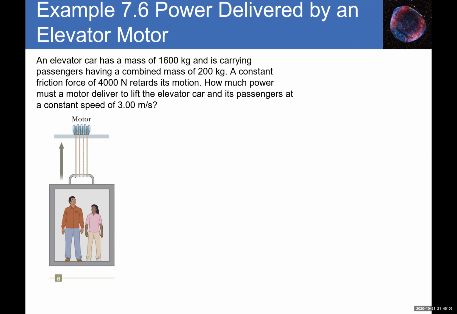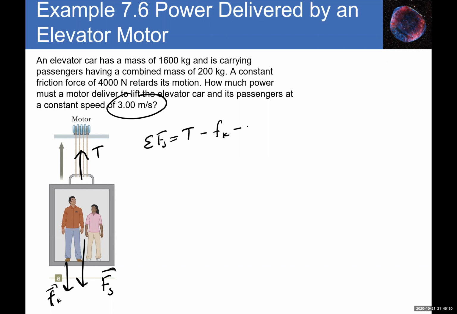So this is a little bit of combining dynamics, because what we have here is a tension up and the weight, which I'll put as a gravitational force. But we are also told there's a retarding friction force. It's moving at constant speed, which means the net force in the y direction is tension minus friction minus gravitational force equals 0.